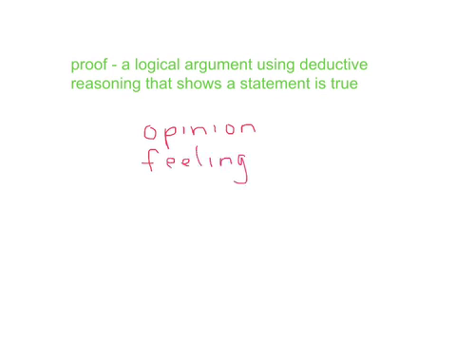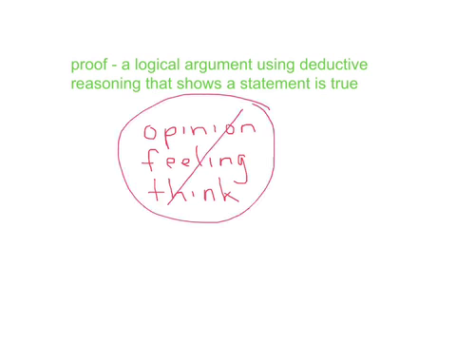We're not going to use things like what I think is true. Okay? We're not going to use anything other than fact. Again, the key point here is we're using deductive reasoning. So all of these things are a big no-no.